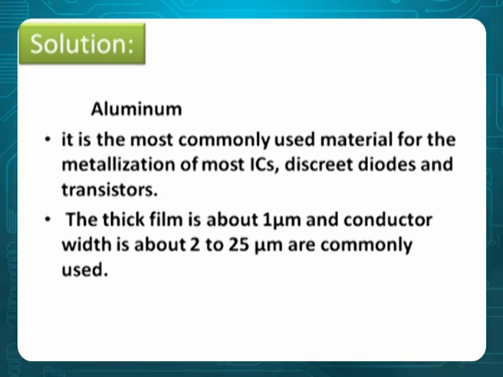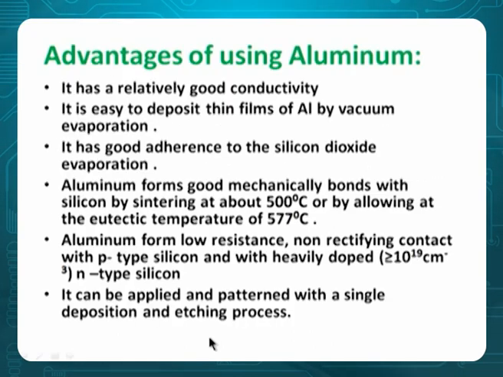Aluminum is the most commonly used material for metallization for transistors and diodes. And its conductivity is also good. That's why aluminum is a good one. If you see the advantage of aluminum, it has relatively good conductivity. It is used to deposit thin films.